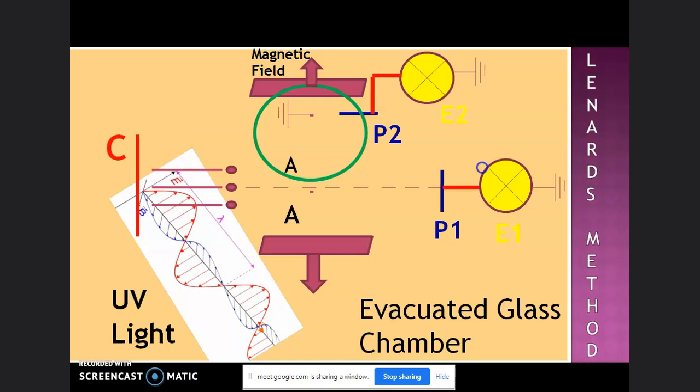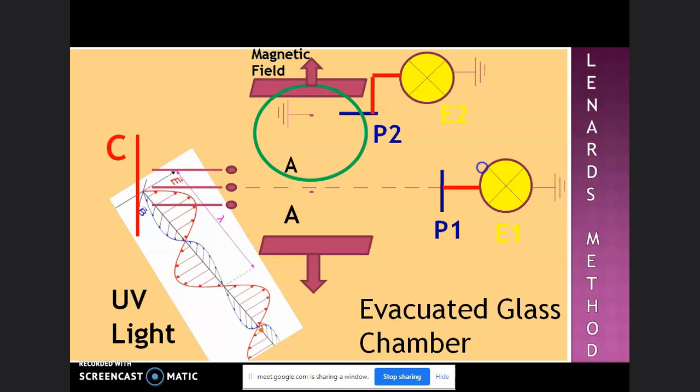Whatever electrons take a curvature path and are incident on plate P2 are counted by electrometer E2, and we observe that these are in a higher number.